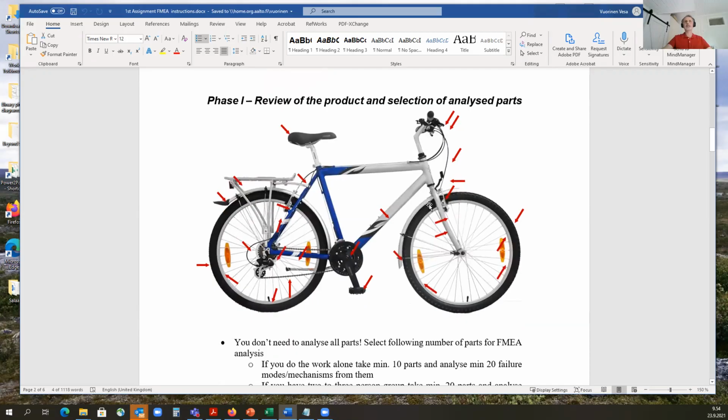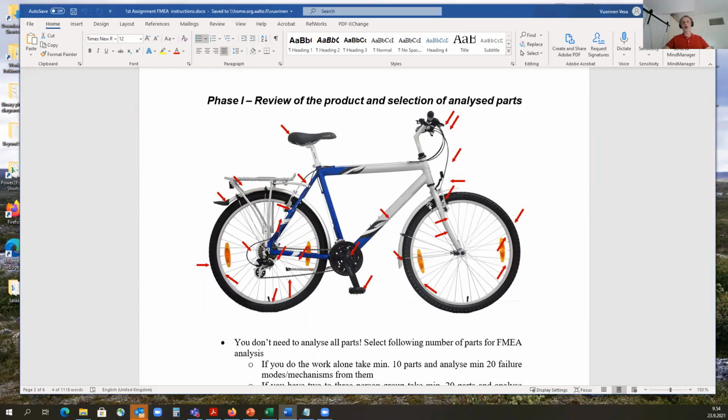So what you do, as I just presented the whole FMEA process: first, you start reviewing your product, and maybe I would say that if you cannot figure anything else, then you can take the bike. The bike is in that sense quite nice that we all know how it works.